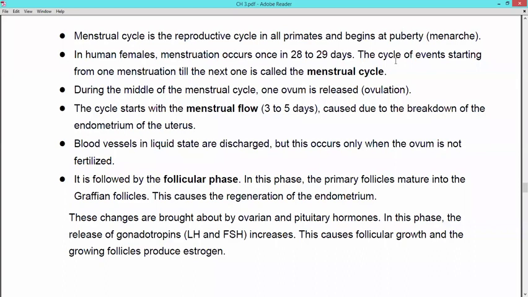Along with this, the growing follicles also produce estrogen, that is a female sex hormone, one of the ovarian hormones which is released by the ovary, right? So the pituitary hormones and the ovarian hormones are playing a very important role in the regeneration of the endometrium.